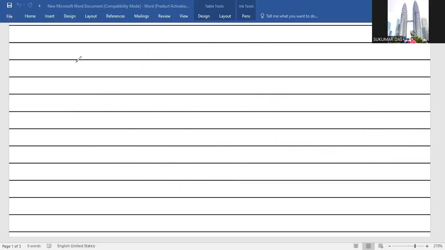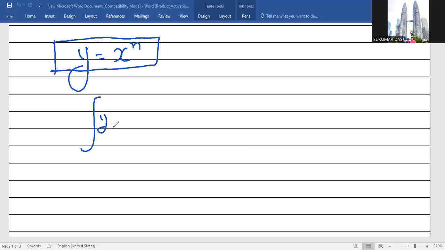Some standard formulas are like this. If we have y is equal to x to the power n, which is very popular, and we want to integrate y with respect to x, the symbol for writing this is the integral of y dx.